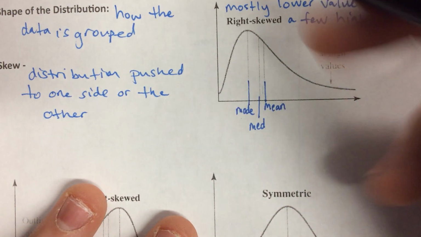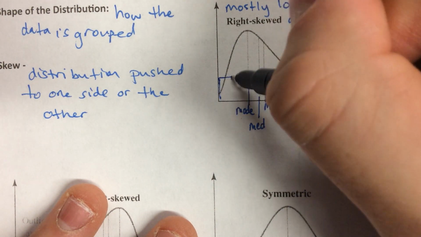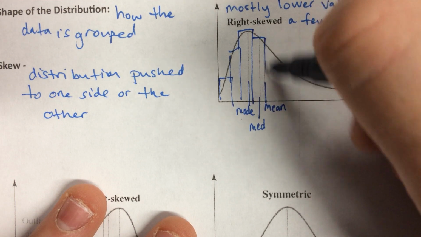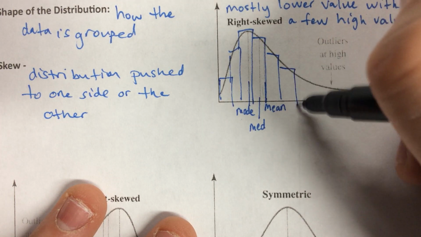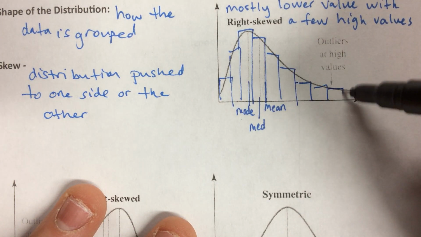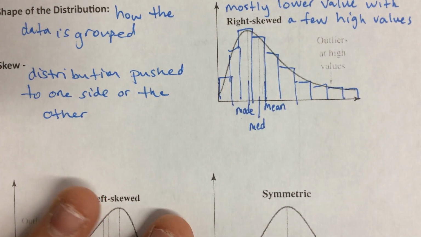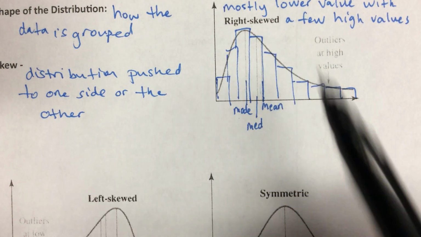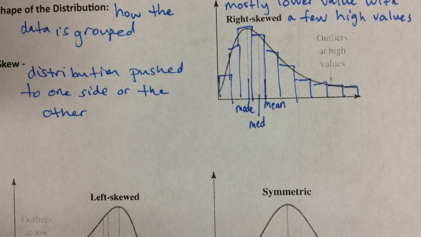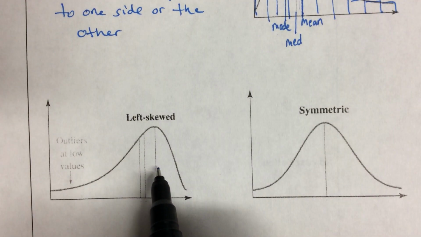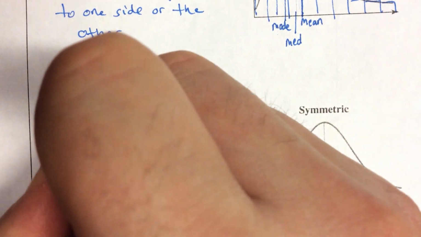Okay, so this would be like if it was a histogram. So there's lower, goes up even more, and it starts going down lower and lower and lower. So all of the data is bunched to the left here, making it right skewed. Okay, left skewed, it's pretty much the same thing, except the opposite.